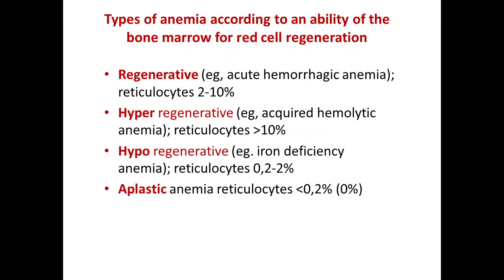So, according to the ability of bone marrow for red cell regeneration, anemias are divided into regenerative, when the amount of reticulocytes is from 2 to 10%, hyperregenerative, when reticulocytes are more than 10%, hyporegenerative, when the amount of reticulocytes is from 0.2 to 2%, and aplastic anemia or aregenerative, when the amount of reticulocytes is less than 0.2% in peripheral blood.